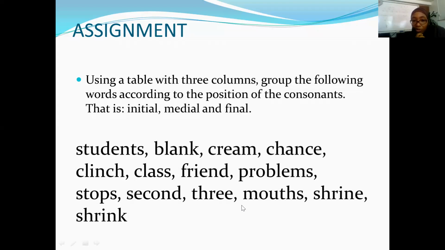Anyone putting up his or her hand? Please, can you go back to the previous slide? Which part? The previous slide, the one where we should identify the consonant cluster at the final. The exercise? Yes. Okay. Thank you, ma'am.